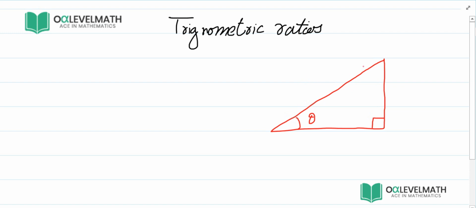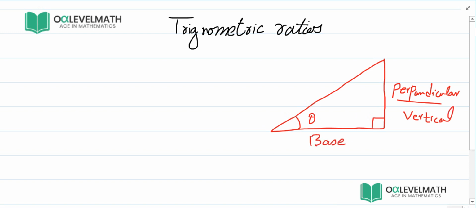So we have this is the perpendicular, the vertical height, and this is the base, which is the horizontal, and this is the hypotenuse.